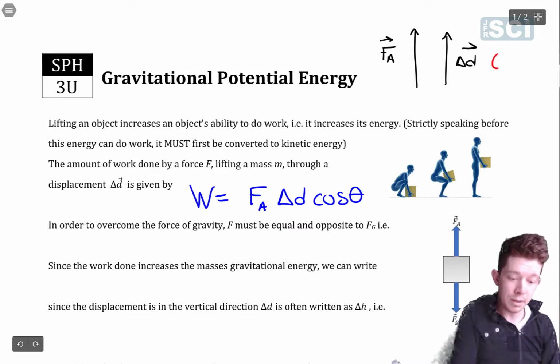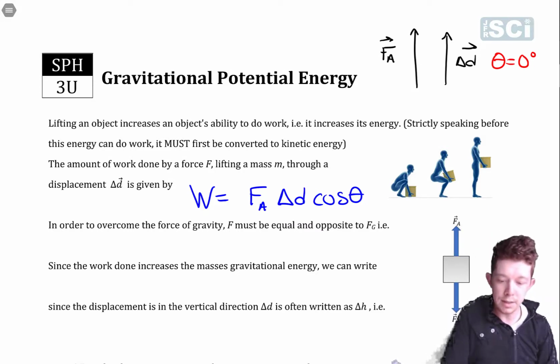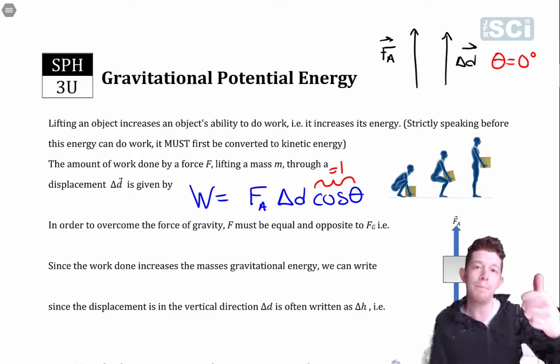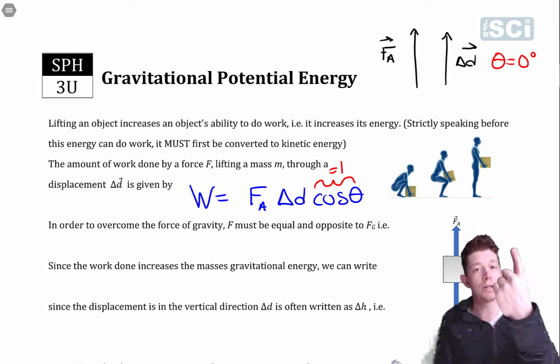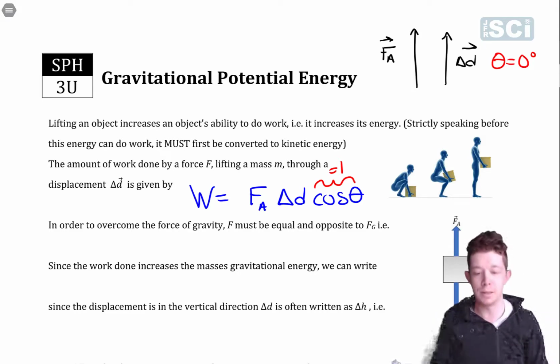The angle between these two vectors will be 0 degrees. And if you put 0 degrees into your cosine function, you'll find out that it gives you 1, which means by lifting an object straight up in the air and applying a force in that direction, I'm doing the maximum amount of work onto my system.